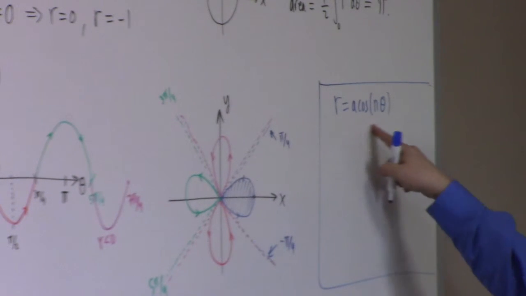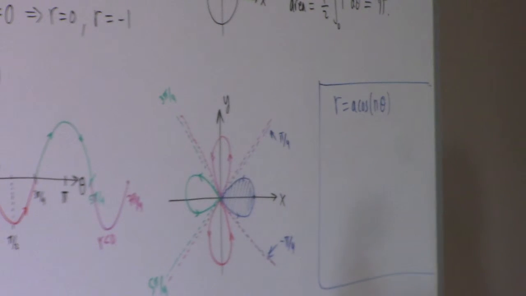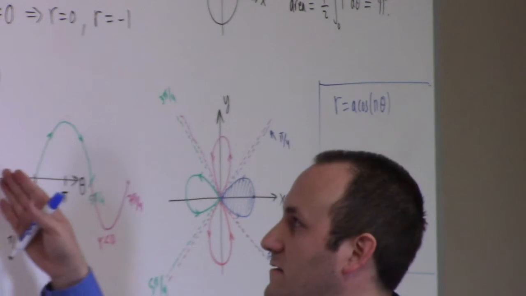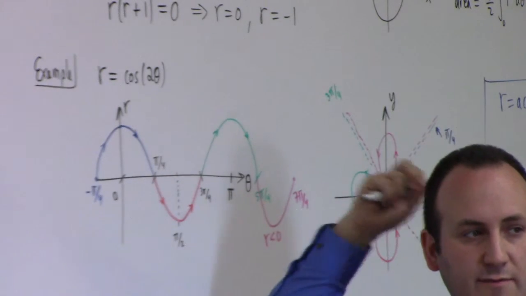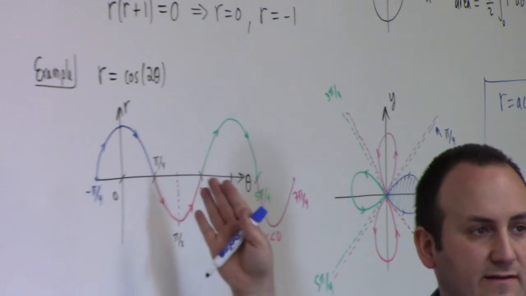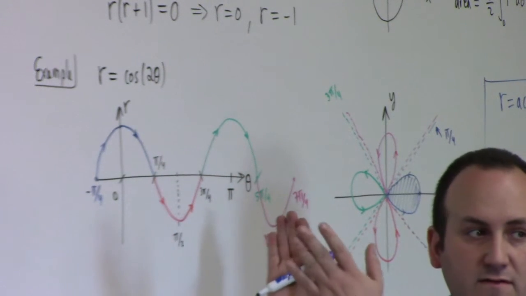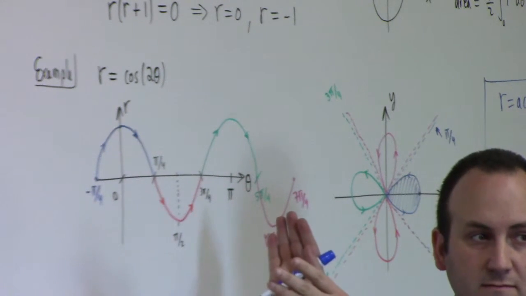So if you think about this, for n being a whole number, how do you get a petal? What does the 2 theta have to range through? We're going between zeros of cosine. How far apart are zeros of cosine for the argument? Pi.